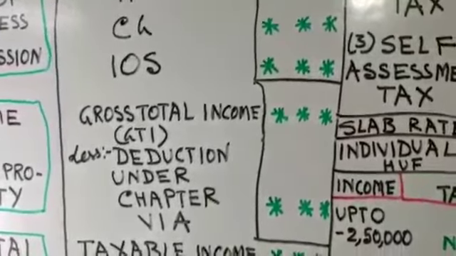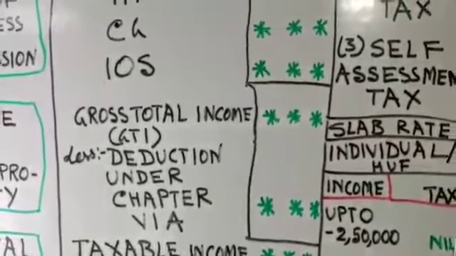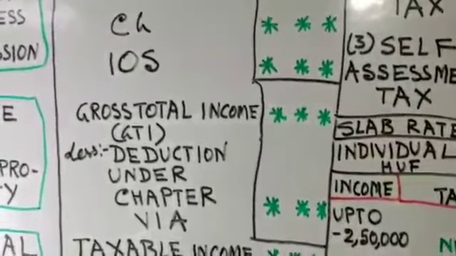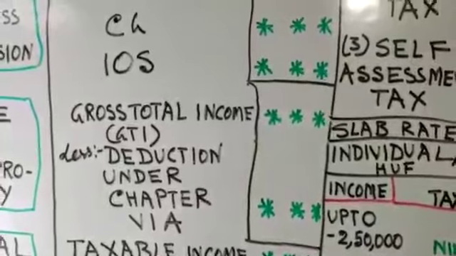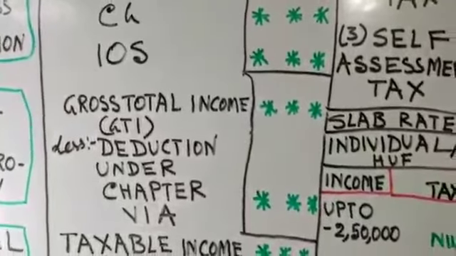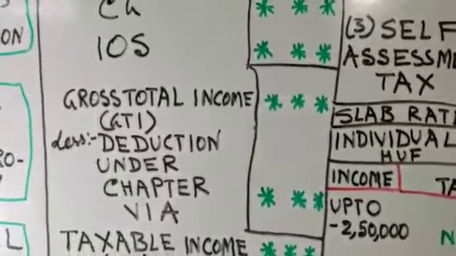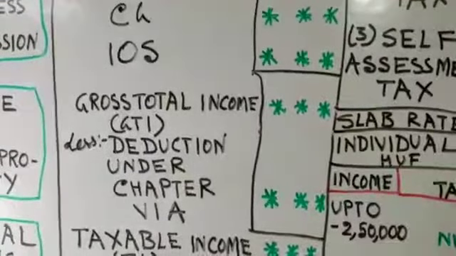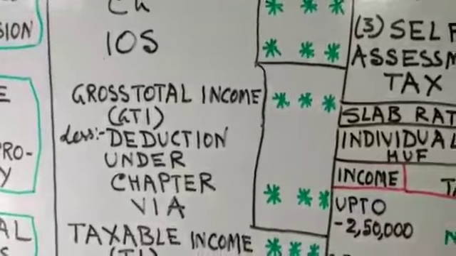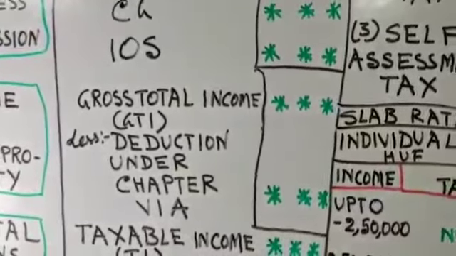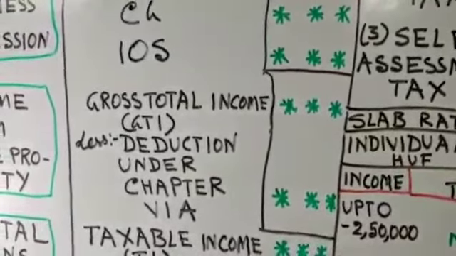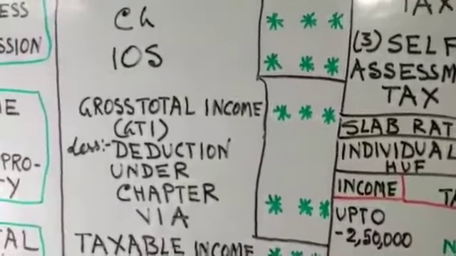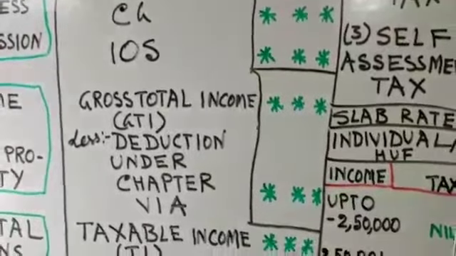So this deduction may come on investment, just like investment on provident fund, investment on LIC, investment on bank fixed deposits, or some expenses like mediclaim insurance premium, etc. When we read this chapter 6A in detail, we will understand what deductions I am eligible for.